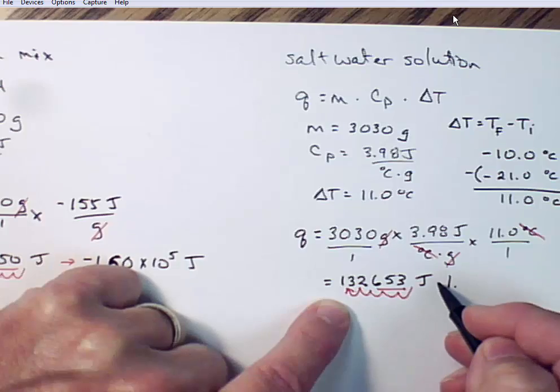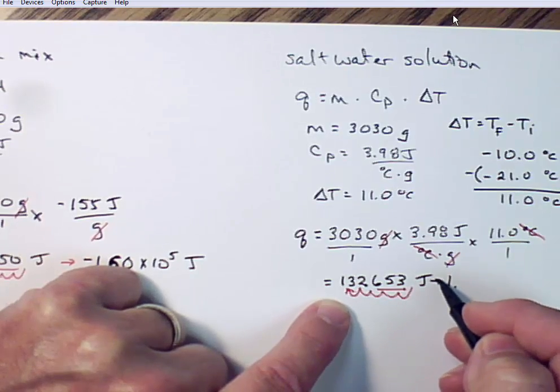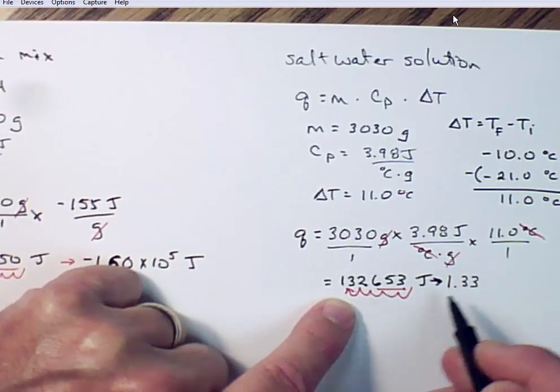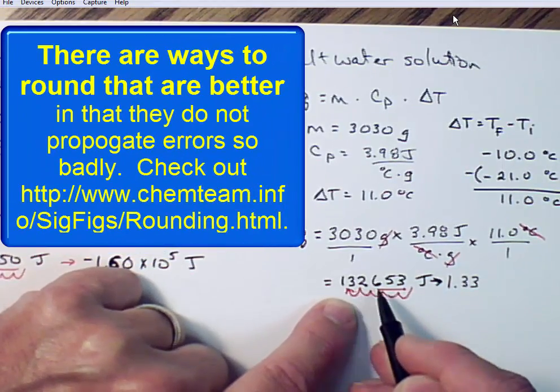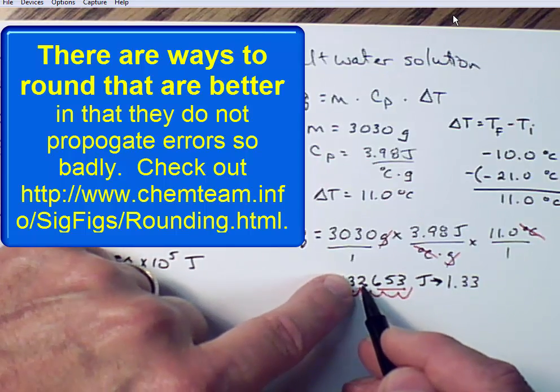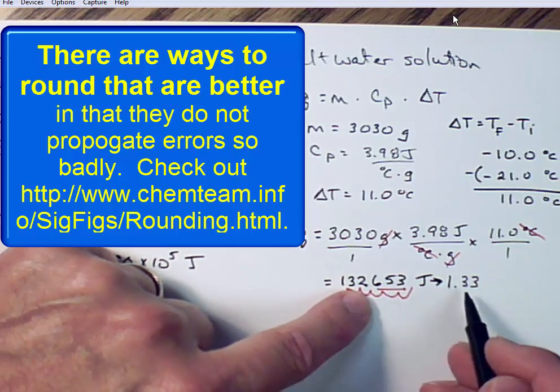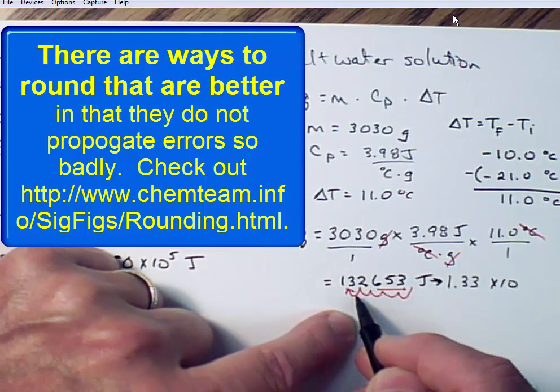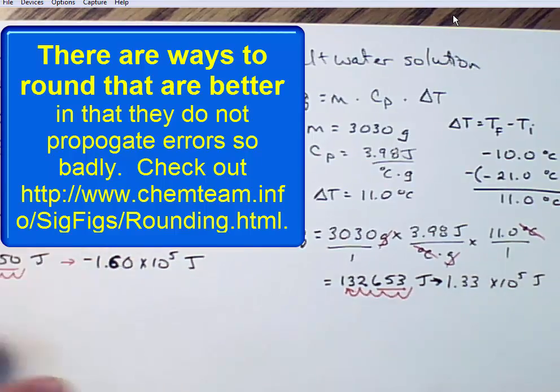So we get 1 point, going to have an arrow there to show I'm rounding off, 1.32, actually 1.33, because this 6 makes it 2 round up. Anything 5 or above makes the number next to it round up when you're rounding off. 1.33 times 10 to the 5th joules.